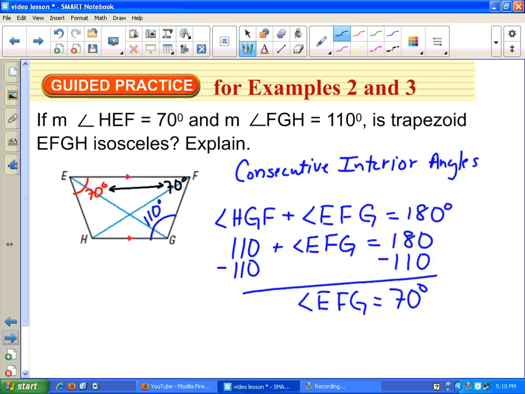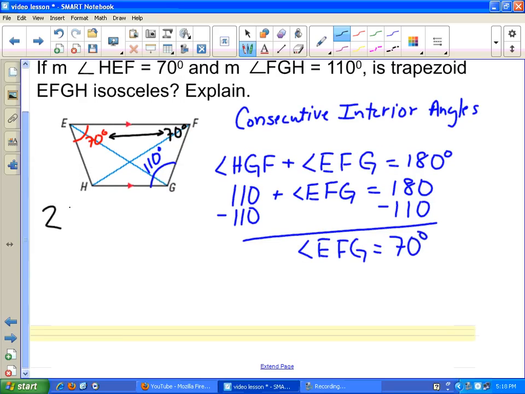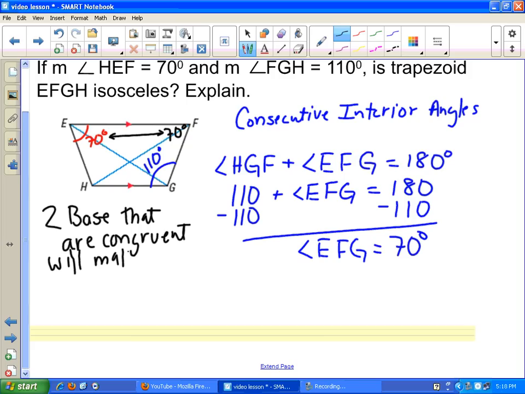We can fall back knowing that in an isosceles trapezoid, two base angles that are congruent will make a trapezoid isosceles.